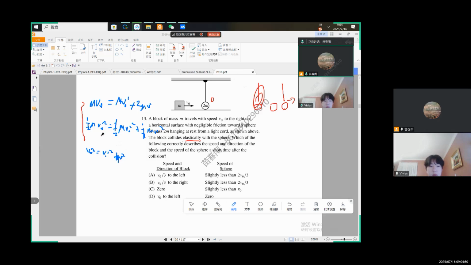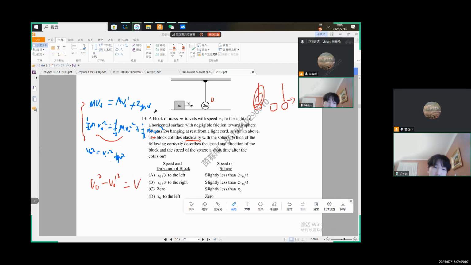Yeah, let me just do it, because in this one and this one there is a difference of squares. So V0 squared minus V0 prime squared equals, this is V, right? This is V prime, V squared.